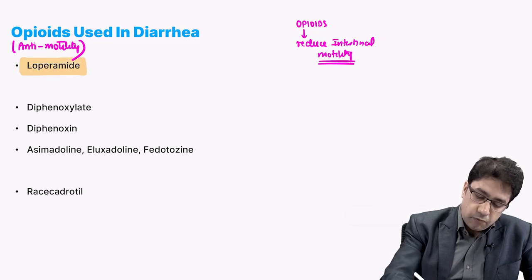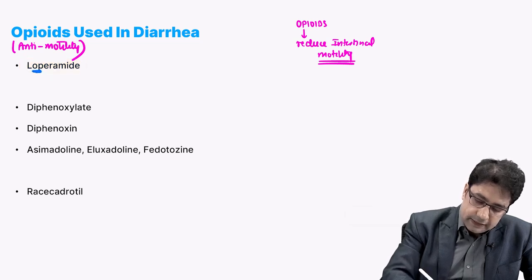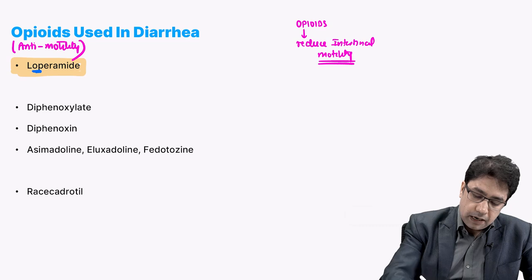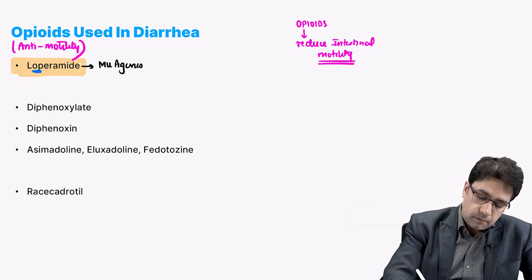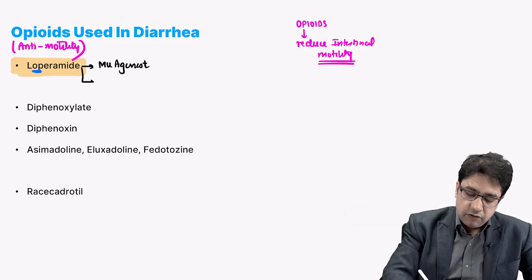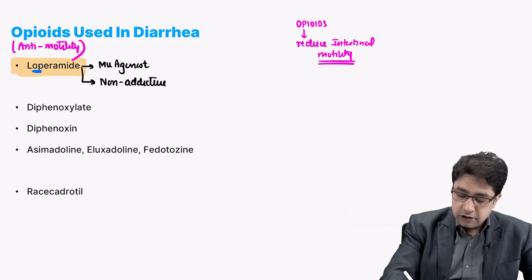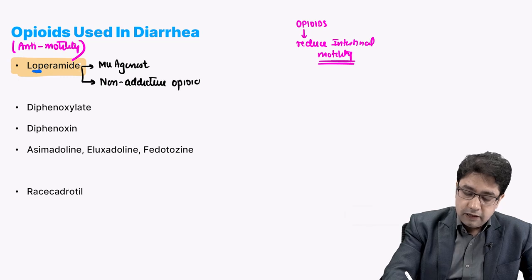How can we remember loperamide? The OP word is coming. So loperamide is an opioid, and loperamide acts on the mu receptor. So it's a mu agonist. The great advantage of loperamide is that it is a non-addictive opioid. It has no addiction. Why does it have no addiction?